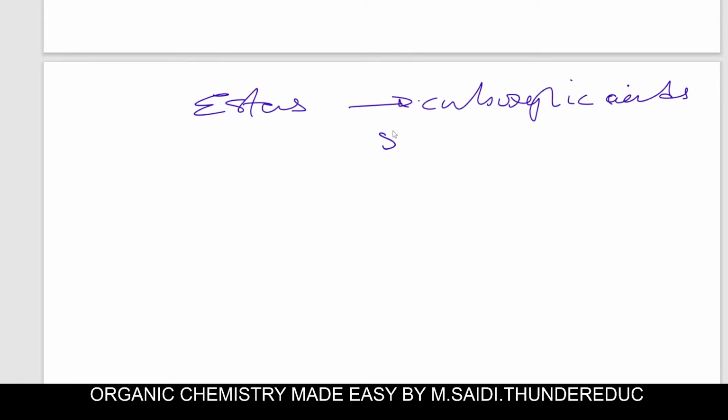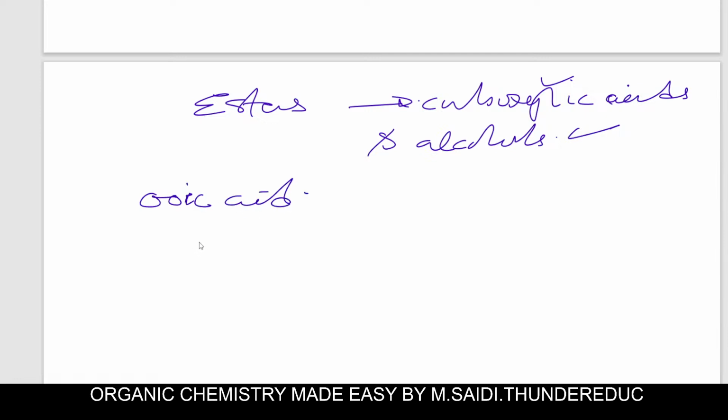Esters are derived from carboxylic acids and alcohols. So we have seen the alcohols, but we have not seen the carboxylic acid yet. Carboxylic acids end with the oic acid.